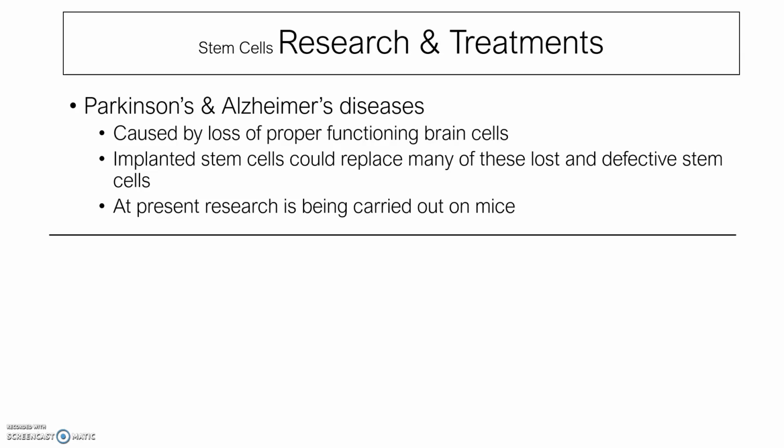Okay, at present, research is being carried out on mice, so it's not yet on humans. Let's hope that the mice get their functioning brain cells back, so we can carry it out on humans and it works.